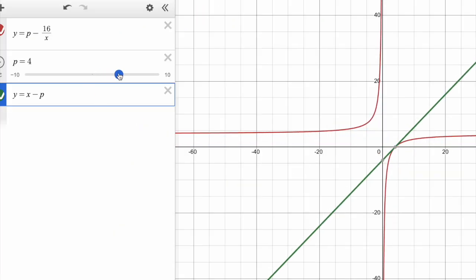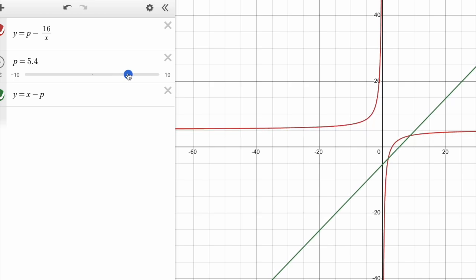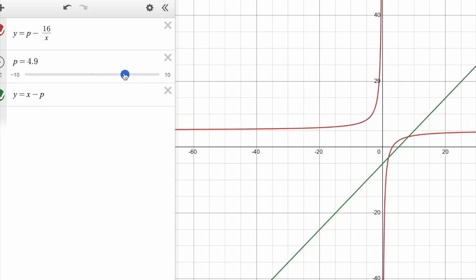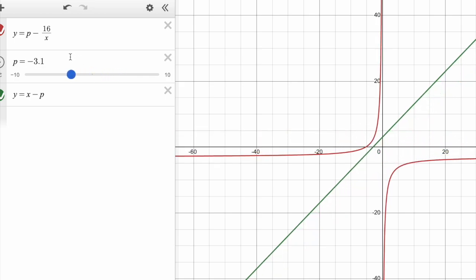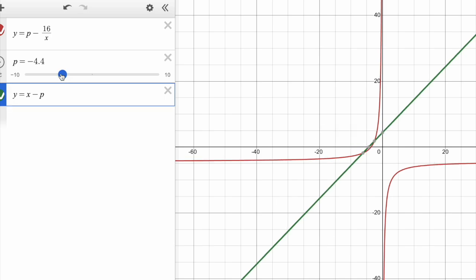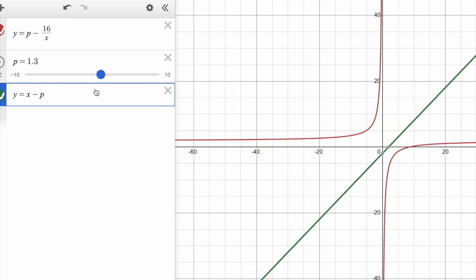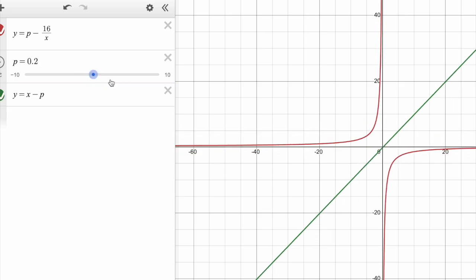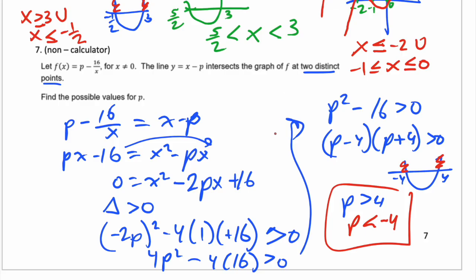At 4 there is one point of intersection, and greater than 4 you get 2 points of intersection. Over here at -4 we get 1 point of intersection, and less than -4 we get 2 points of intersection. In between -4 and 4, you get no points of intersection. So the graph here on Desmos totally matches what we just did algebraically.